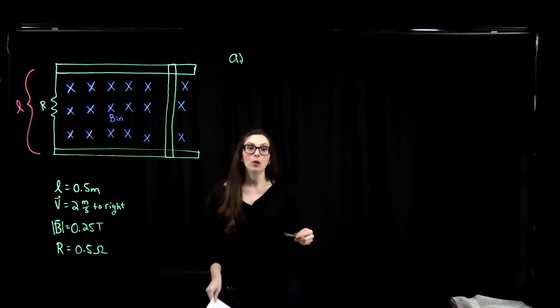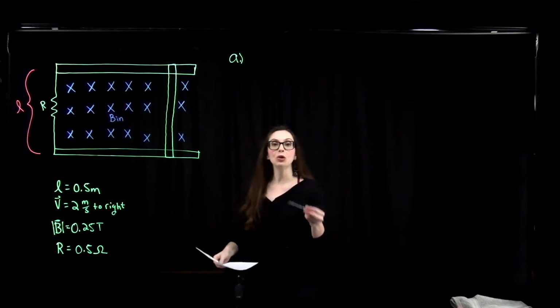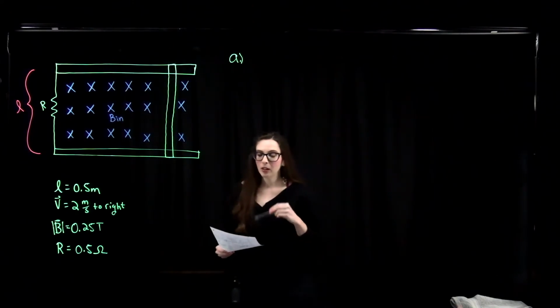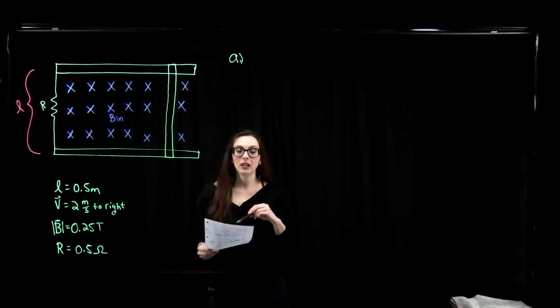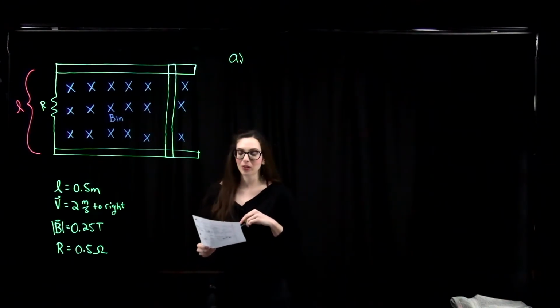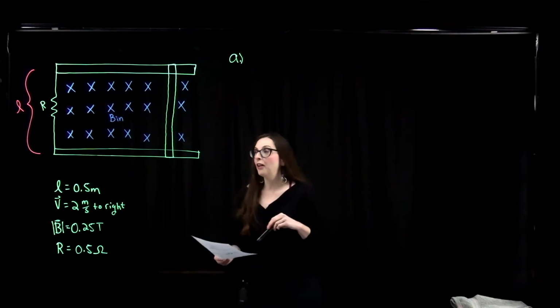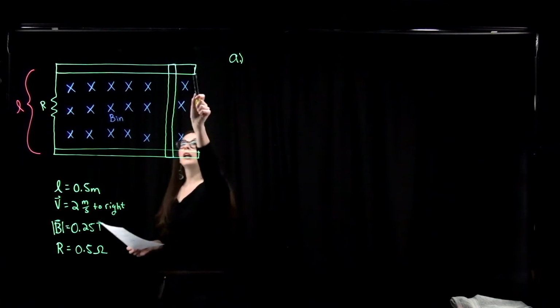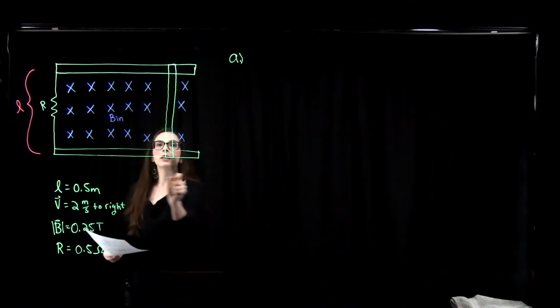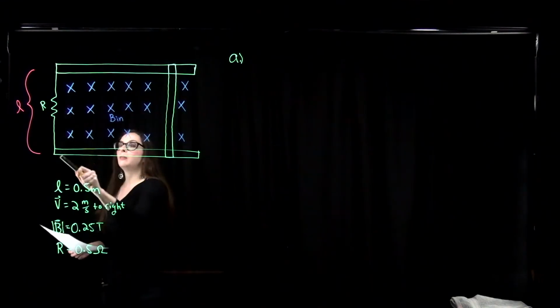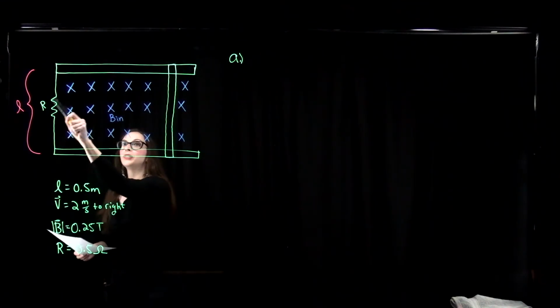In this problem, we're going to use the motional EMF to find an induced EMF and an induced current. So we have a conductor here, a conductor here. These are connected by a wire over here with a resistor.